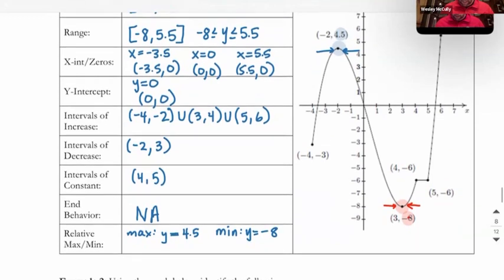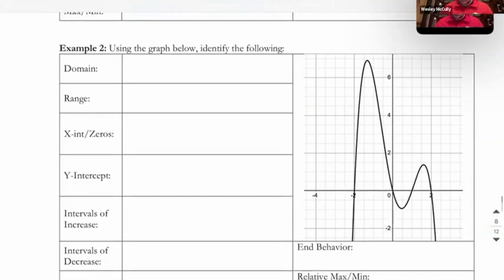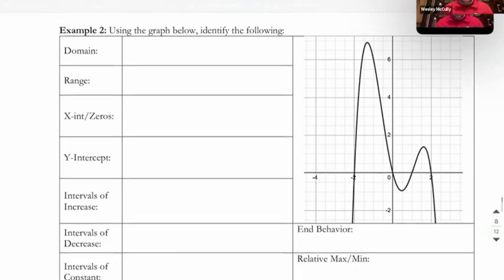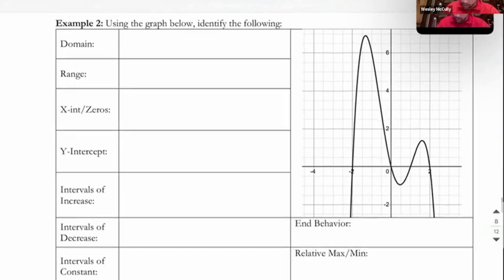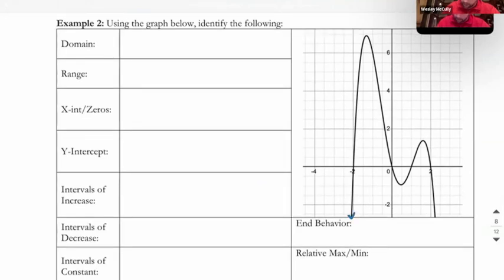All right, let's do example 2. This time we'll see if we can do it a little bit faster. Here we go. The domain. Look at where it's going. Put the arrows at the end because that thing's going forever and ever, right? And you can see that it doesn't go straight up and down. It wouldn't be a function if it did, right? It's slanting out slightly.